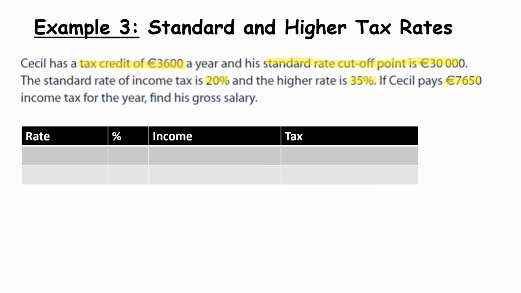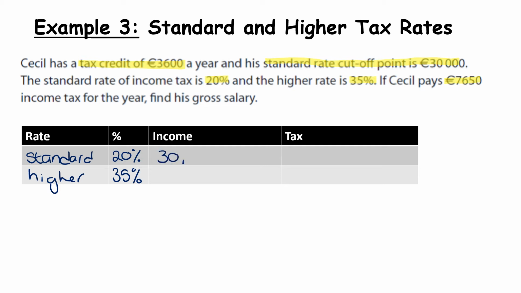Okay, so like I said, I'm going to approach this like we would approach a normal standard and higher tax rate question. So we have two rates, which are standard and higher. These are 20% and 35%. I always fill in the standard rate cutoff point beside the standard rate.